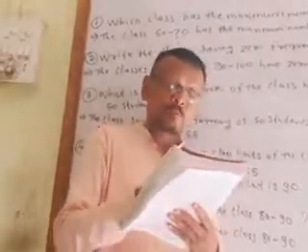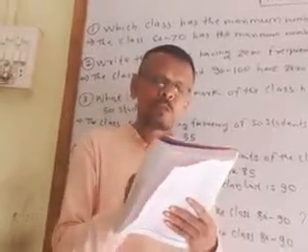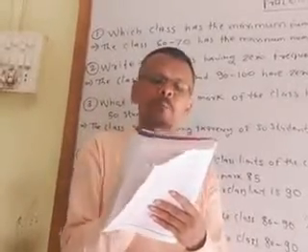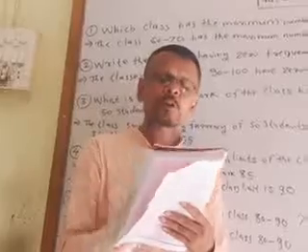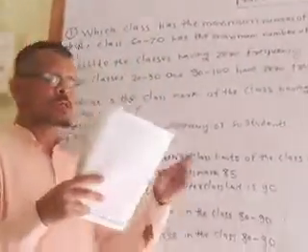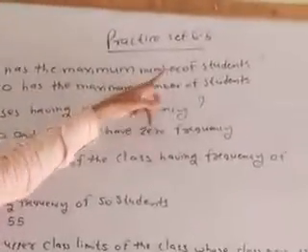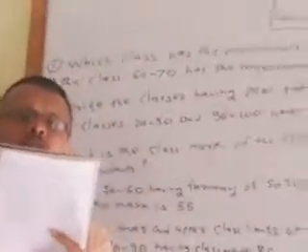When we draw such figures on graph paper, we draw the points at the middle of each class because that is the class mark. So see that figure. The first question is, which class has the maximum number of students? See in the figure, the maximum number of students is 60.